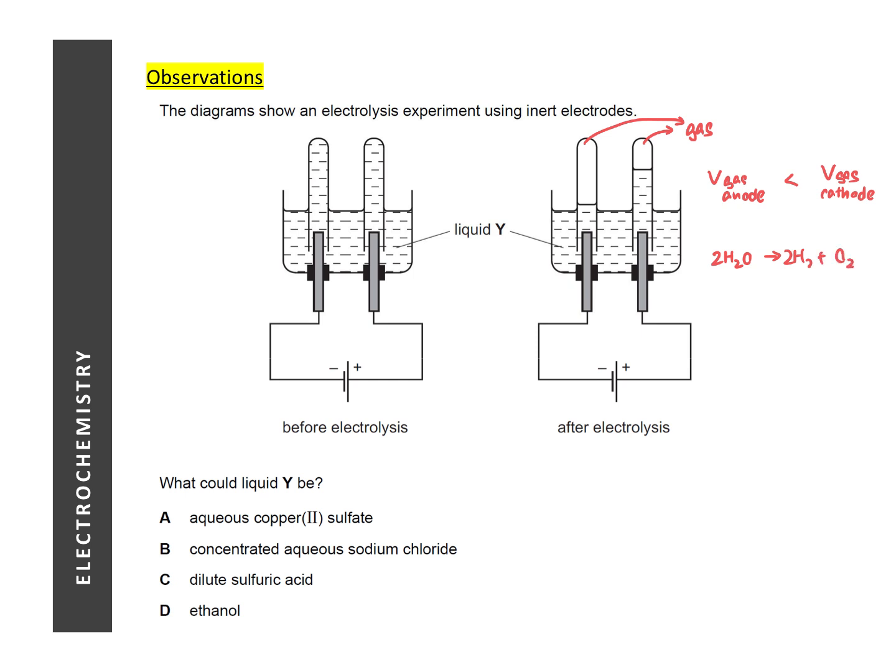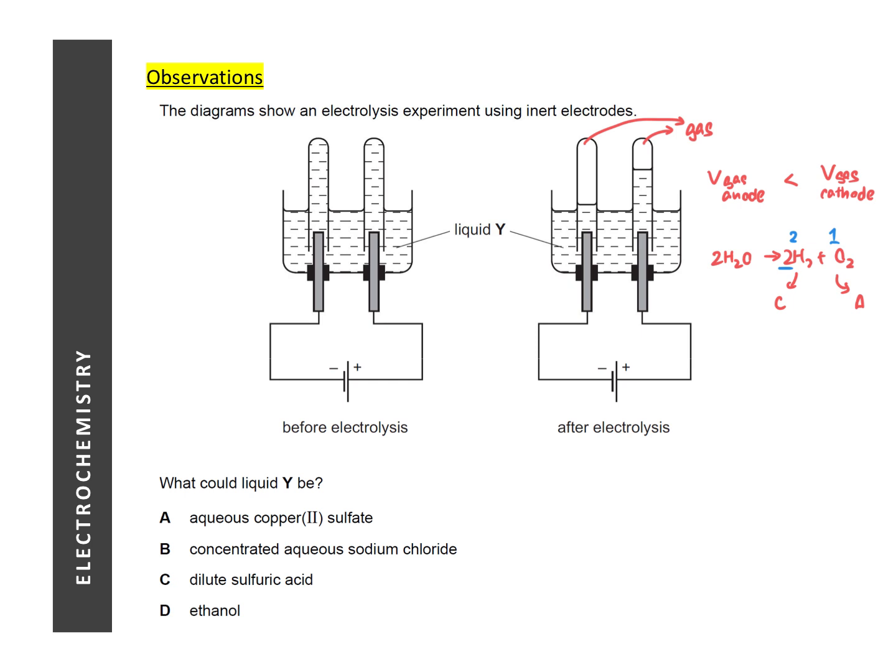Now from the overall equation, we can see that the hydrogen gas at the cathode is 2 times the volume of oxygen gas at the anode, because the mole ratio is 2:1. And since we are looking at gases, the mole ratio is the same as the volume ratio.